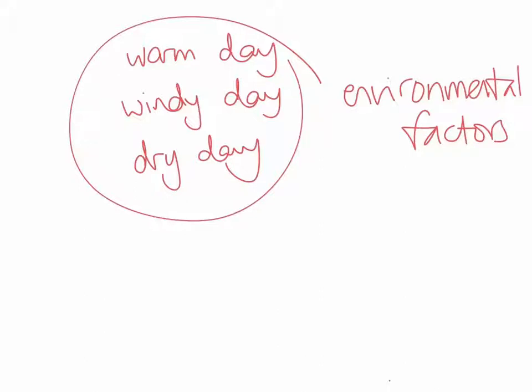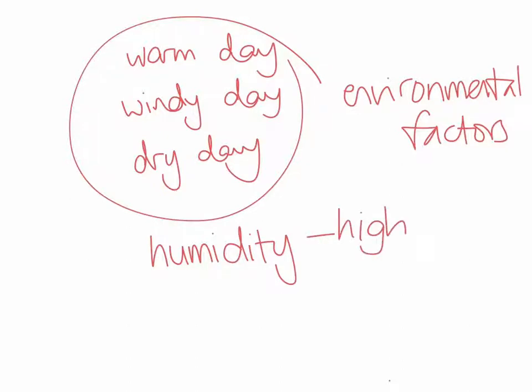Now, we don't just mean that it's not raining. Humidity is a term that you might hear sometimes on the weather forecast in the summer's day. High humidity describes a day where there's a lot of water vapour in the air. Low humidity is a very dry day. In other words, the air has no water vapour or very little water vapour in it.